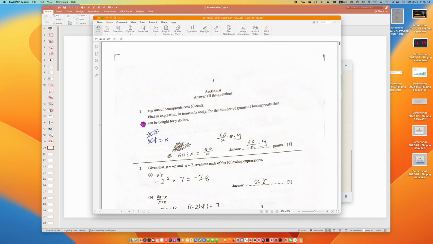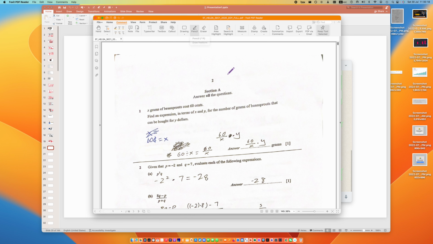For the first question, over here you just make use of the concept of proportionality. So if x gram is 60 cents, is $0.6. Then they say for the number of grams that can be bought by y dollars.